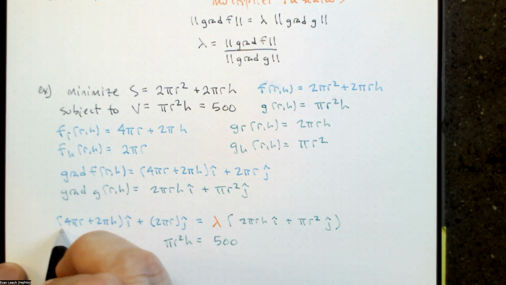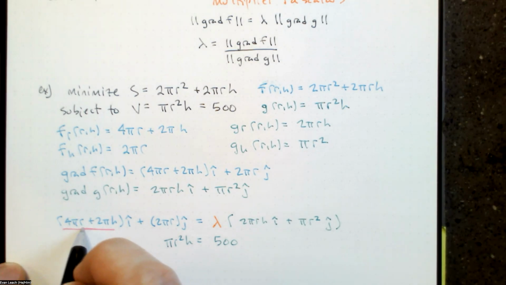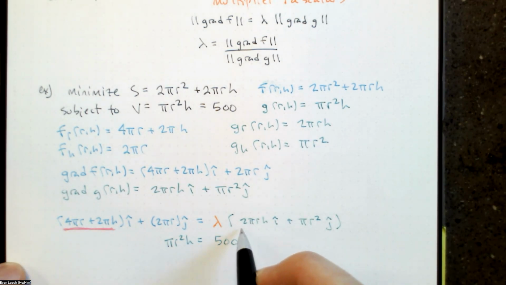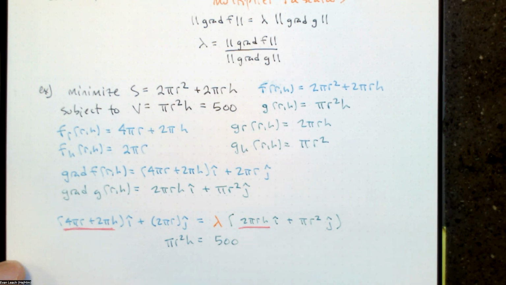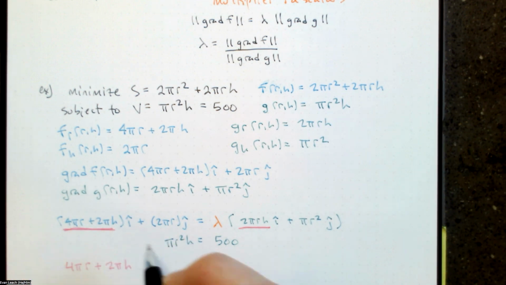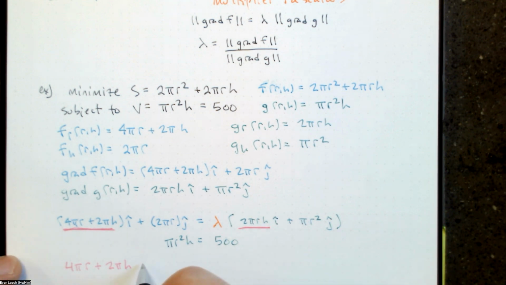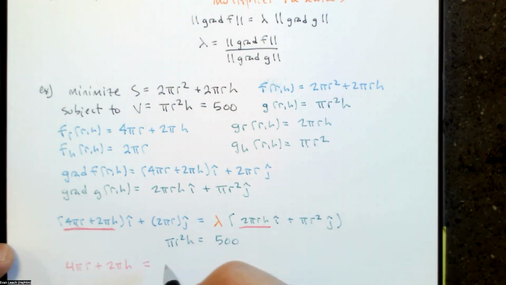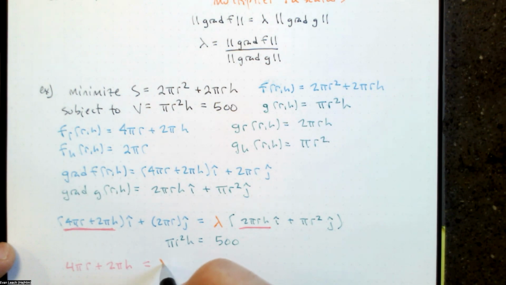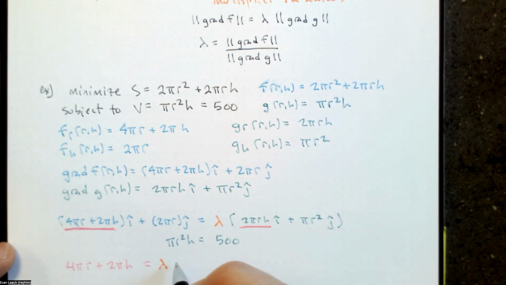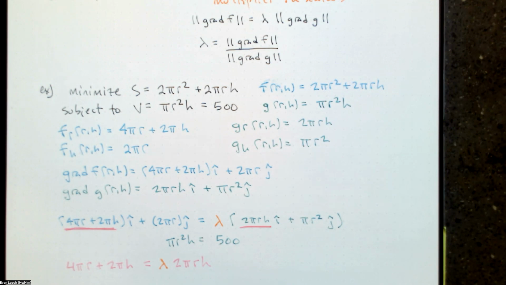So I'm going to take this 4 pi r plus 2 pi h, which is the i component on the left, and the i component on the right is lambda times 2 pi rh. That's an equation in r and h. Then we're going to take the j components, 2 pi r and lambda times pi r squared.